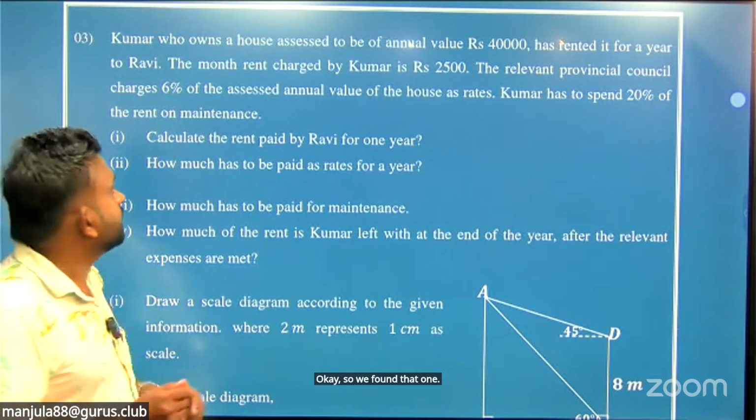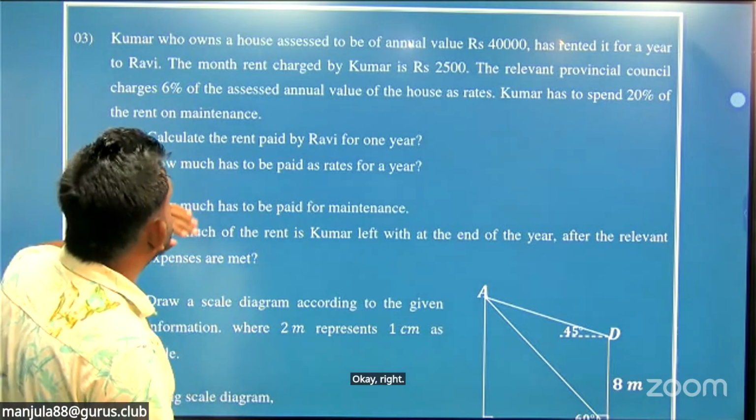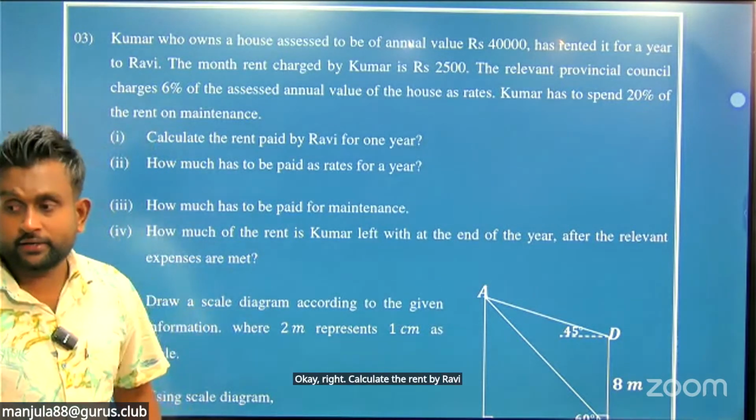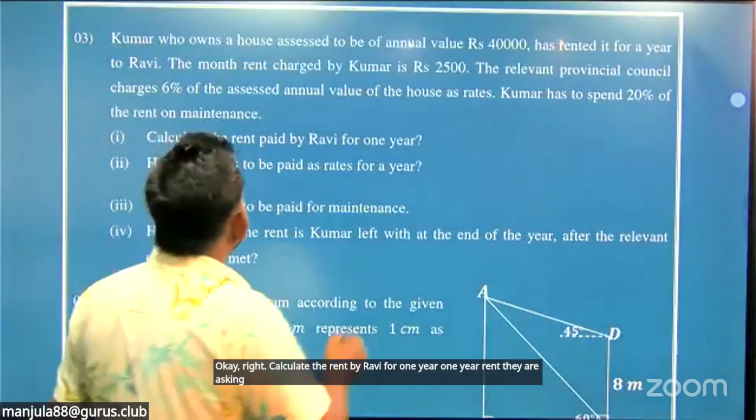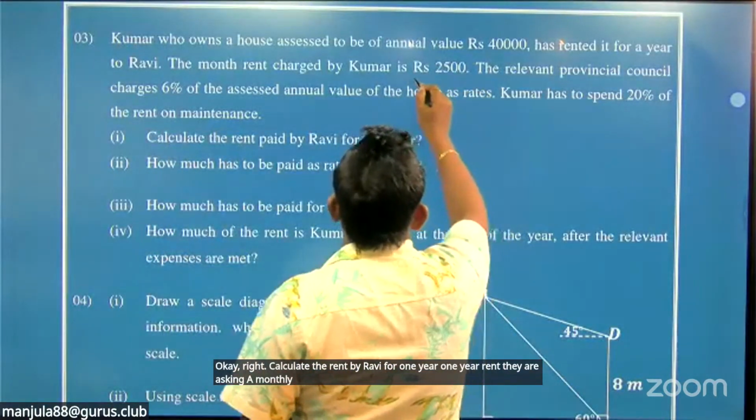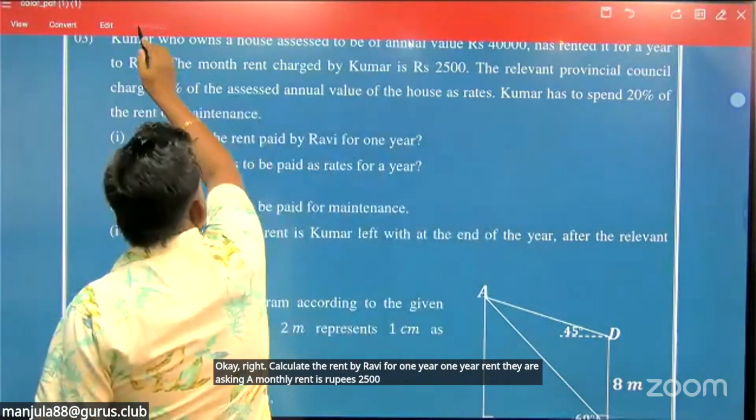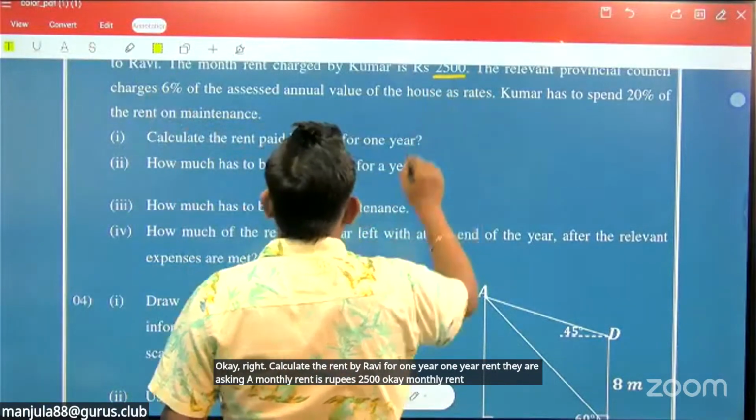Calculate the rent paid by Ravi for 1 year. They are asking for the 1 year rent. The monthly rent is rupees 2,500.